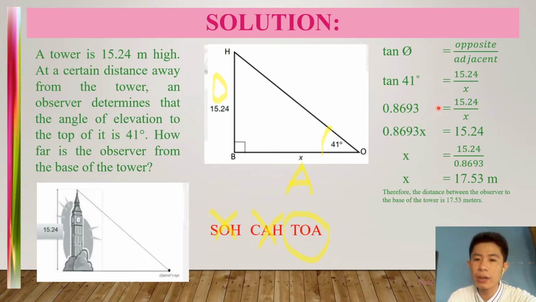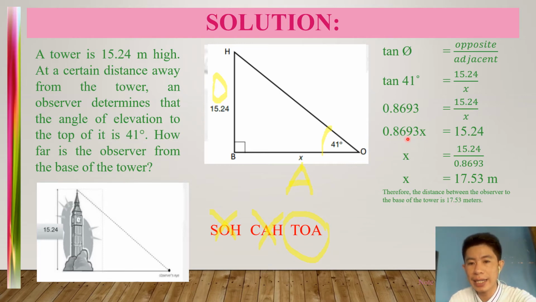Okay, so we will now use the cross multiplication process. So 0.8693 times x is equal to 0.8693x is equal to 15.24. So that is by cross multiplication. And to solve for x, we will just divide both sides of the equation by 0.8693.